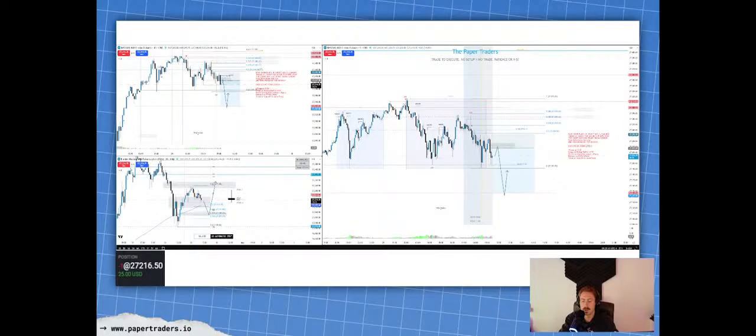So on the 5-minute, we are also looking at the OTE of the Asian session and seeing if price is to reject out of it as potential for some shorts.